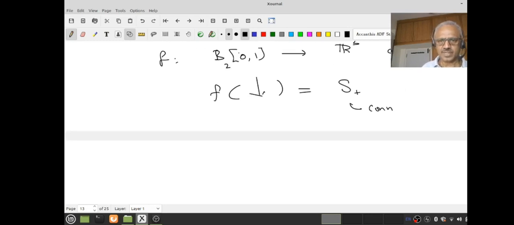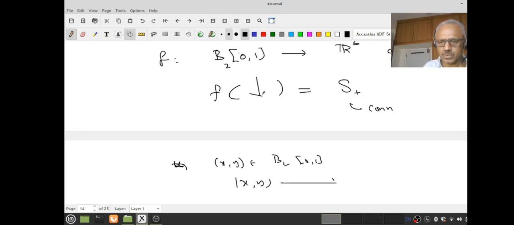Yeah, there is an obvious map. You give me x, y in B2 of 0, 1, then (x, y), where does it go to? It goes to (x, y, ...). Remember, x squared plus y squared is less than or equal to 1.